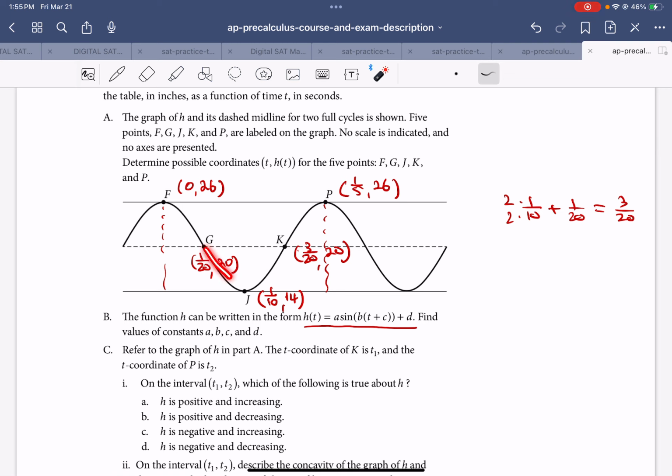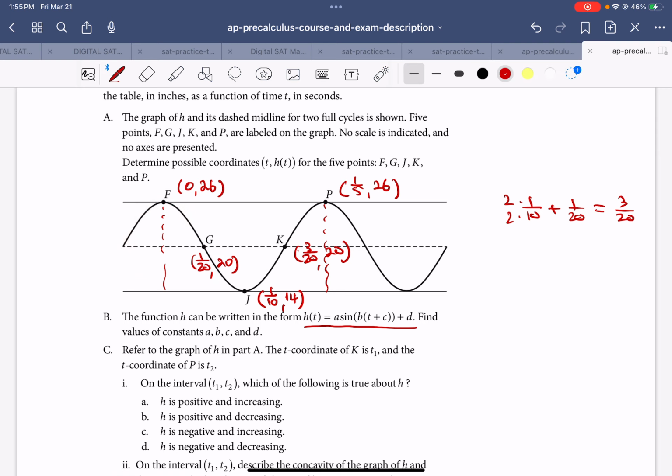Or you can graph it like this and then flip it over, so the a value is negative. But I choose it this way. Then from 0 here, you go negative 1 over 20, and start from here. That's the starting point, and one period is like that.